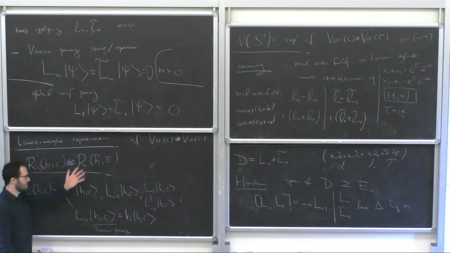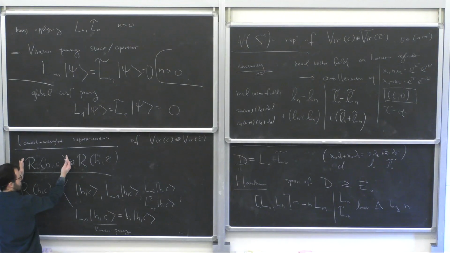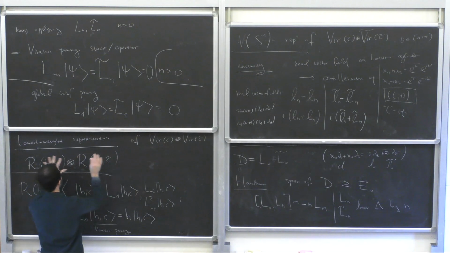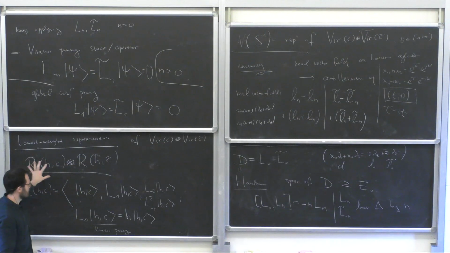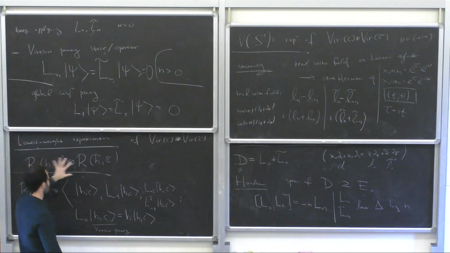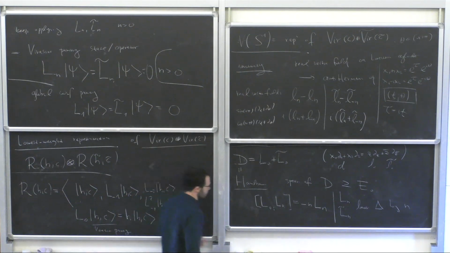If you had a direct sum, then this would be a trivial representation of the right-moving Virasoro, and this would be a trivial representation of the left-moving Virasoro, but they would be separately irreducible. But their tensor product is irreducible as one thing, as one representation of Virasoro plus Virasoro.